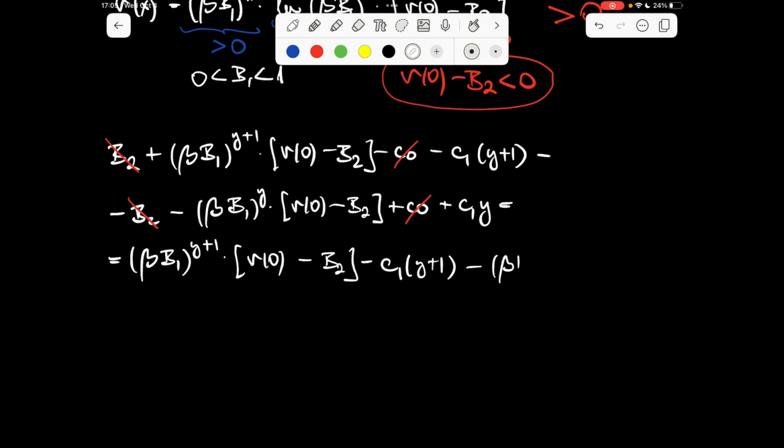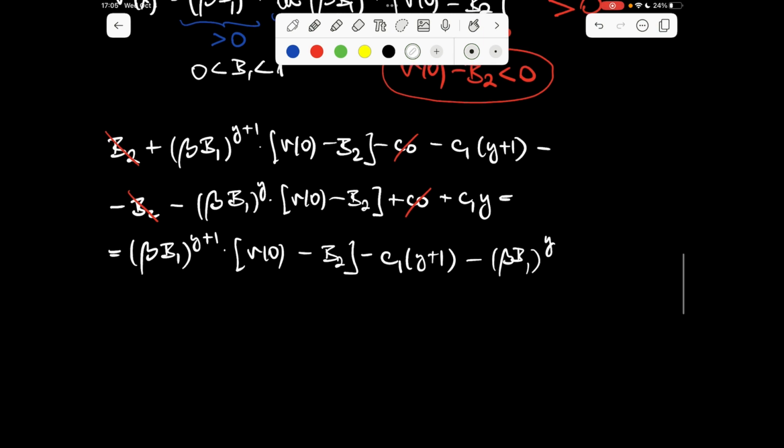So it's going to be shorter. It's going to be shorter, I promise.